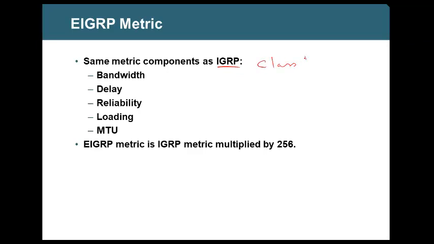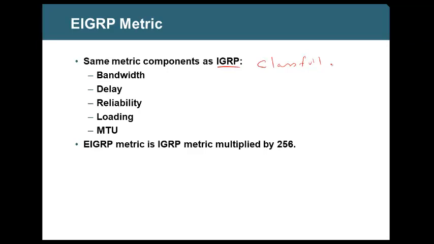Classful protocols are not okay to use in today's network environment. We have subnetted classless networks everywhere. So using classful is a wrong idea. It's a bad idea, using a classful protocol.